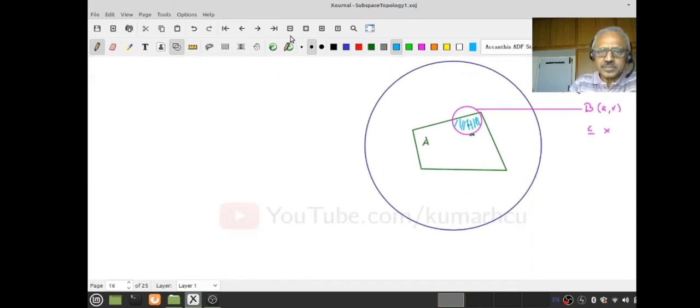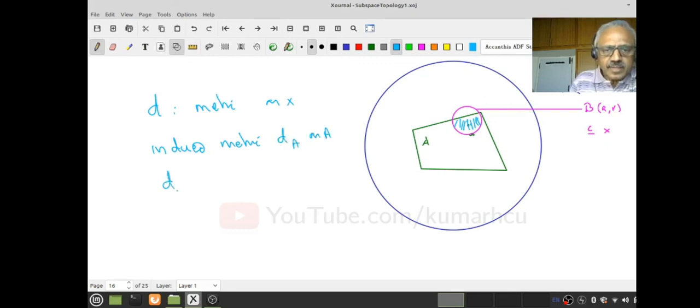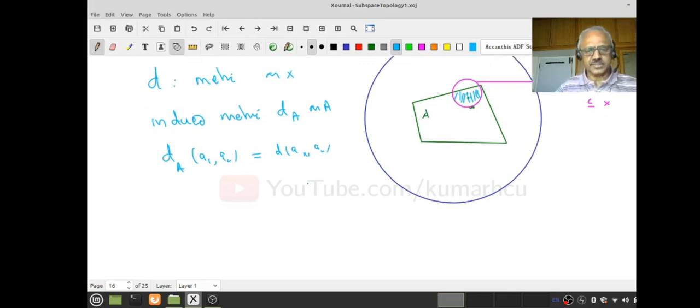Now there is something interesting that happens. Now notice that d is a metric on X. Therefore, I have the induced metric d_A on A, right? Therefore, d_A of a1, a2 is nothing other than d of a1, a2. Think of them as points of X and then take the distance.